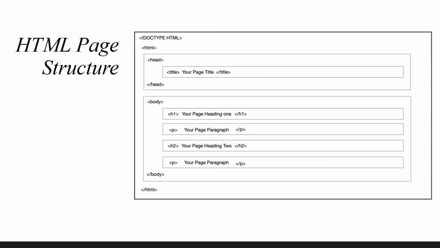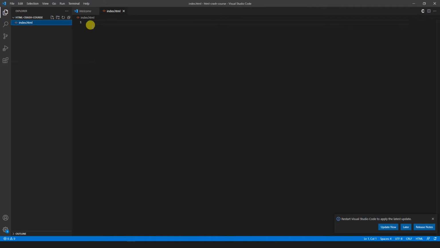So let's just go to our Visual Studio Code, and now let us create a simple HTML file. We have already created the HTML file. Now let's create a simple structure. If you're using Visual Studio Code, there is a shortcut for you to create the HTML structure.